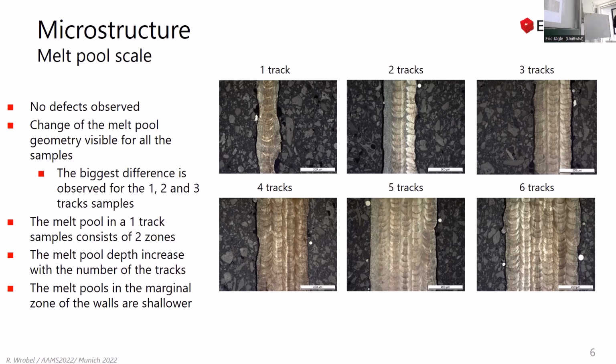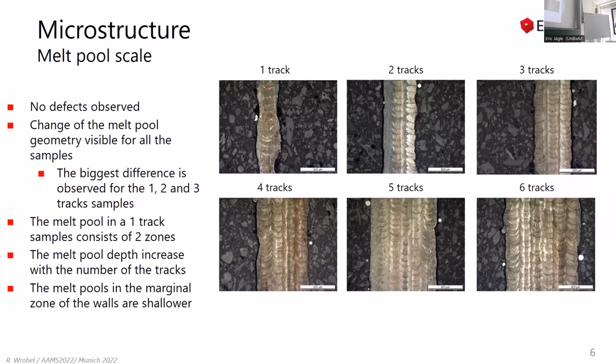Luckily, we didn't see any defects, so that means that we can transfer the parameters from the simple geometry to the thin walls. But we can see a lot of changes in the melt pool geometries, especially between 1, 2, and 3 tracks.